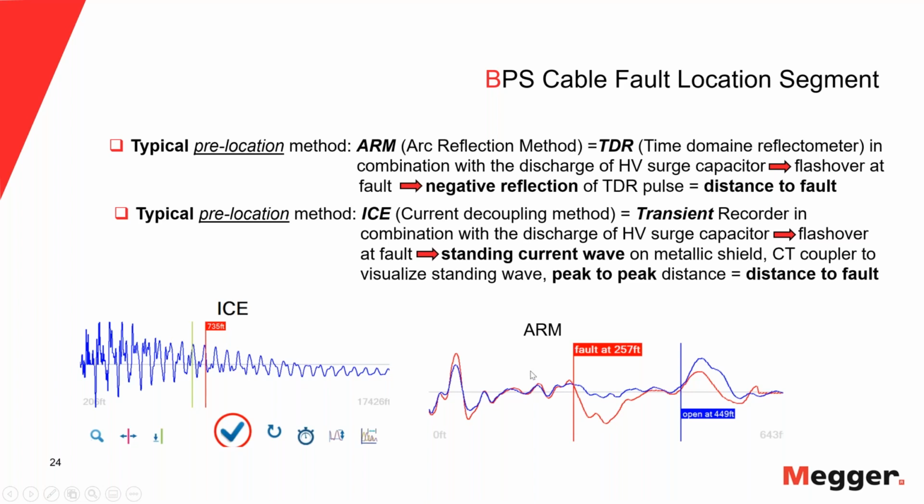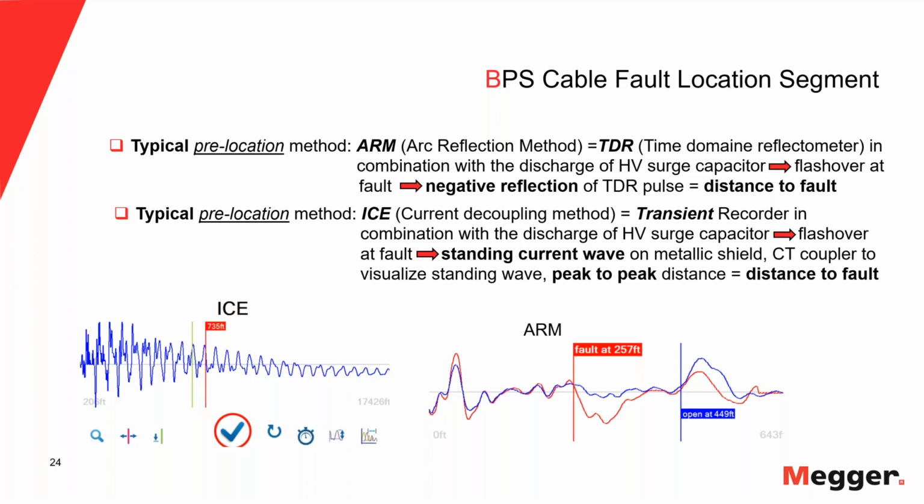If you look at this process of arc reflection, we have to create a flashover first, and then we have to shoot in the TDR pulse, and everything has to happen at the right time. It has to be synchronized so the TDR pulse sees an arc.